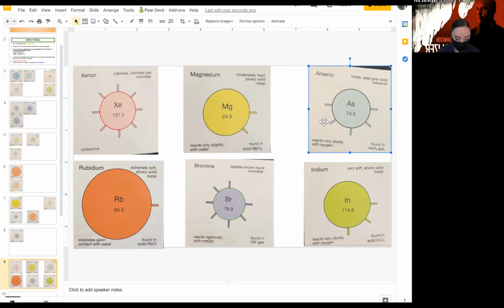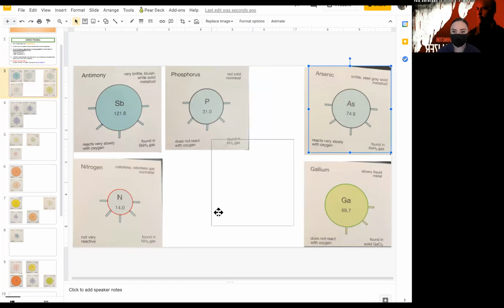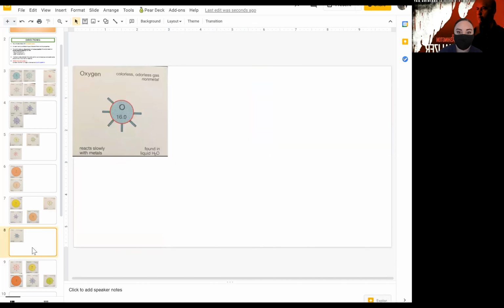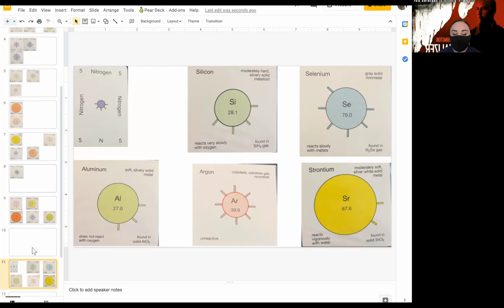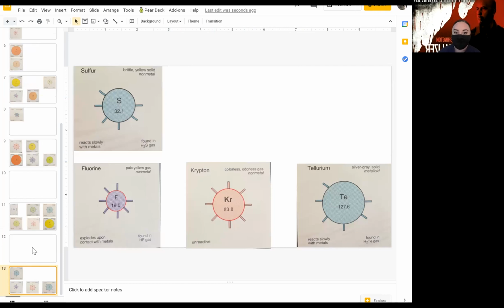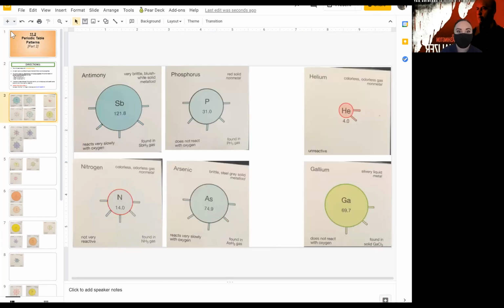Good, arsenic. All right. Anything on this slide? Nitrogen, which we have from the other slide, good. Okay, that looks about it. So I would group those 4 cards together.